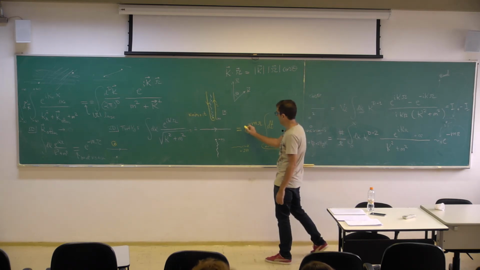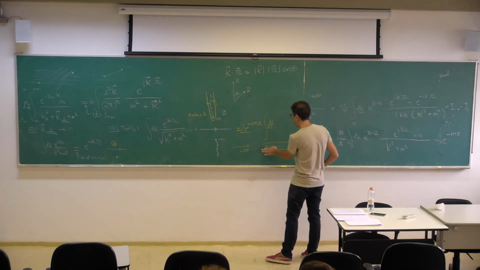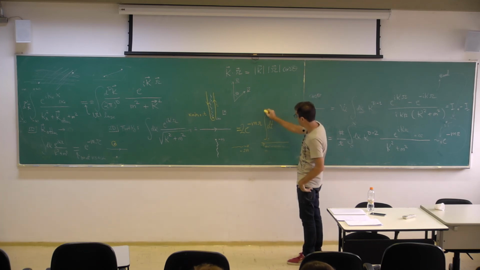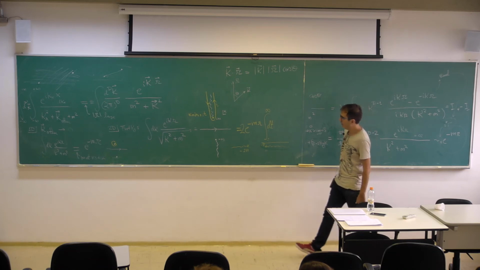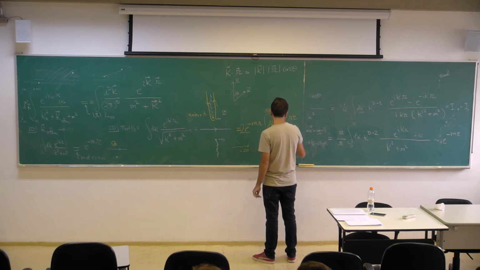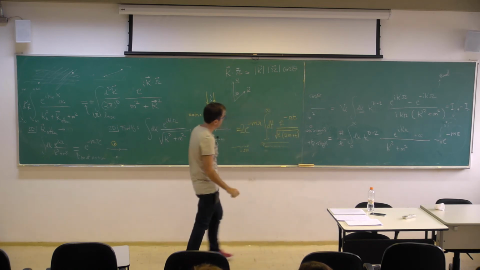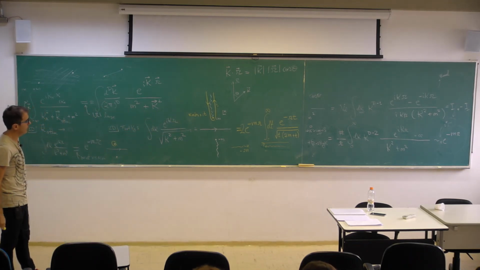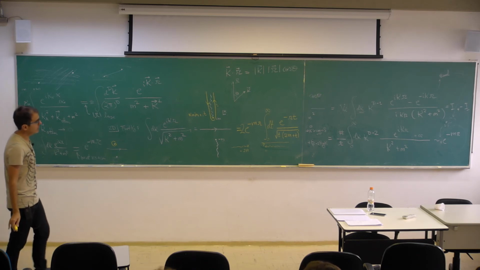So this is twice the integral like this, which means from 0 to infinity of dt e to the minus rt divided by the square root of t, 2m plus t. That's just the square root shifted, right? And that's it.